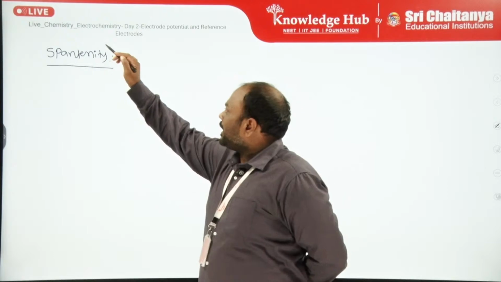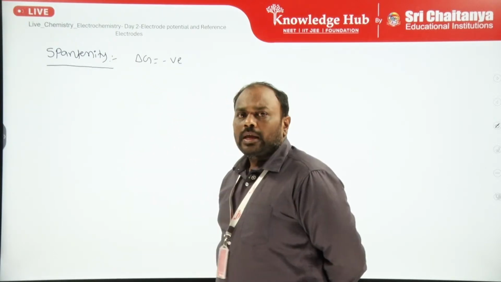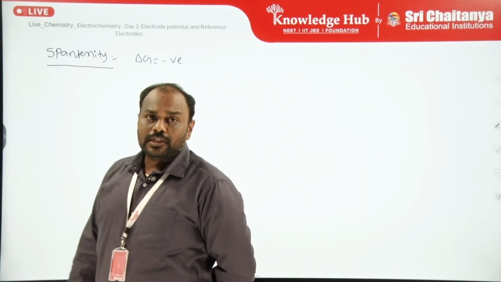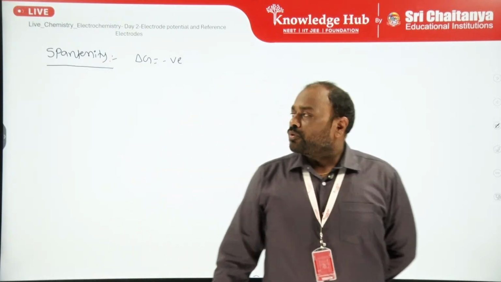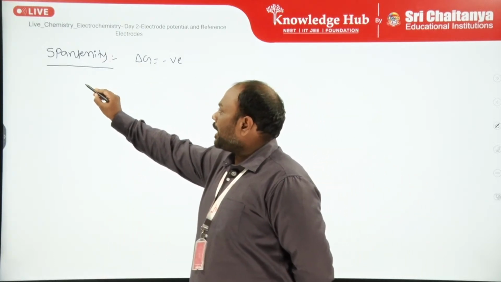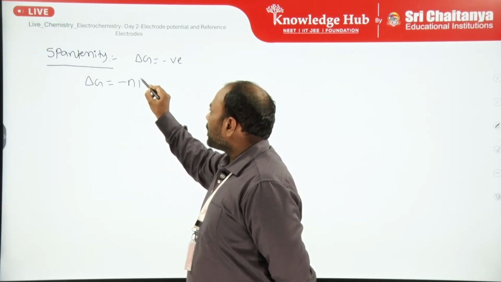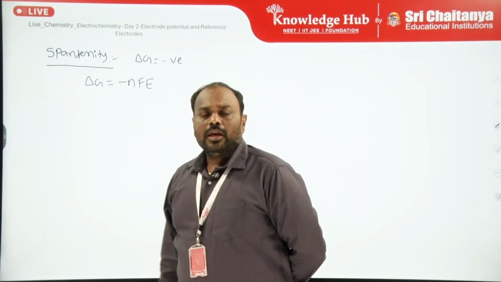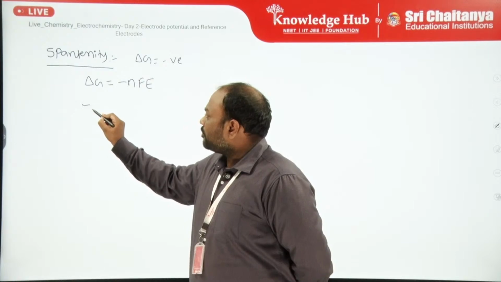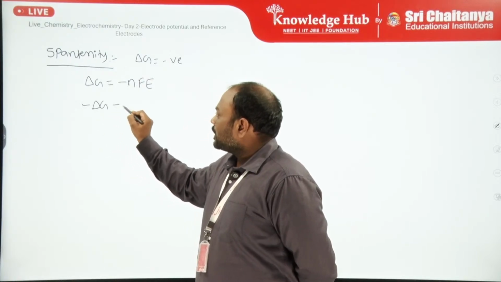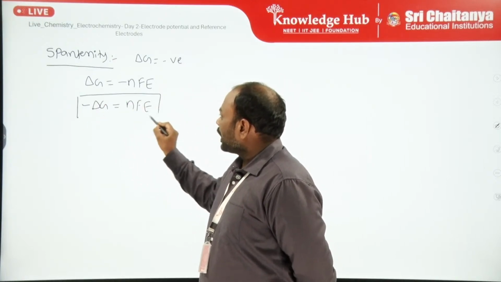For the spontaneity condition, delta G must be negative. If delta G, that is Gibbs free energy, is negative, then the reaction becomes spontaneous. The relation between delta G and the electrode potential of the cell is delta G equals minus nFE. So minus delta G equals nFE.